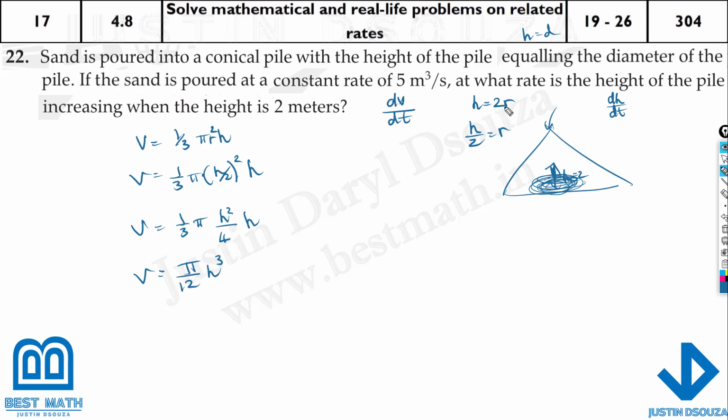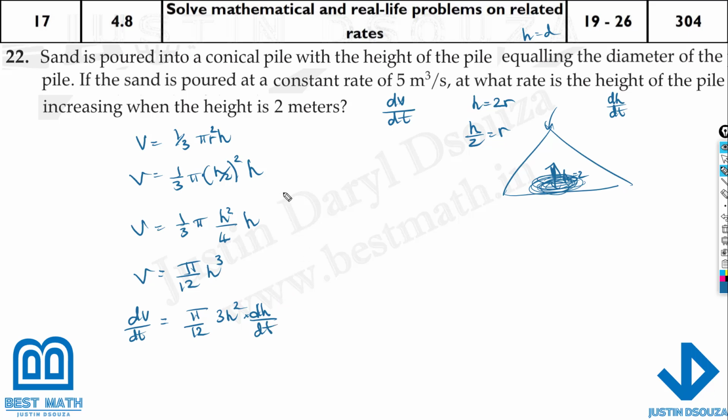Now what I do, I just have to differentiate both sides, implicit differentiation, what we have done before. So it'll be dv by dt, here it is just v dash, that's it, nothing else, is equal to pi by 12. This is constant, but when you differentiate it, it will be 3h squared multiplied by dh by dt. So this is implicit differentiation with respect to time.